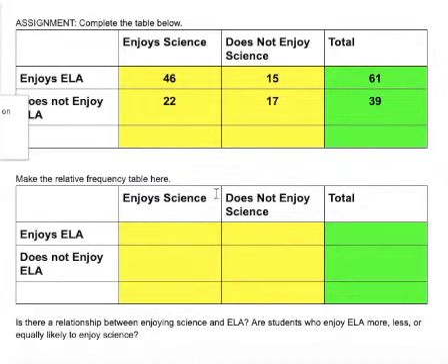Does enjoying ELA versus science have a relationship with each other or not? So I'm going to go ahead and strike through this column over here because we didn't set them up like this at all. We're just going to set it up like this. So go ahead and finish this table with your totals. And then you're going to have to complete that side of the table or strike through this.